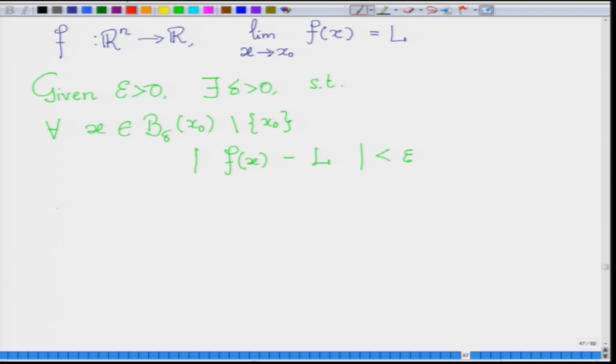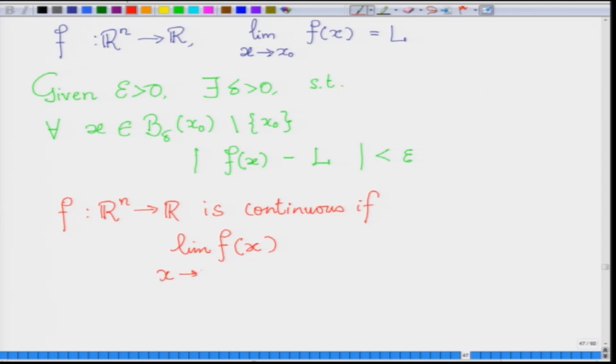So, a function f from Rn to R is continuous if the limit of f of x as x goes to x naught is f of x naught.